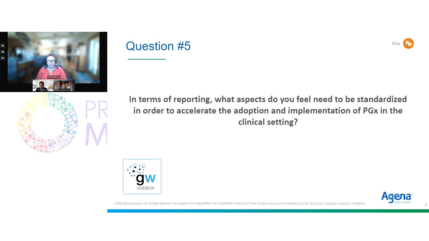Well, I do think we've touched on that. I really think having high-level evidence, whether FDA evidence or CPIC level A or B, in the tests that are being performed. I do think it's confusing, and I'll go back to what we've talked about a little bit, having lower evidence.